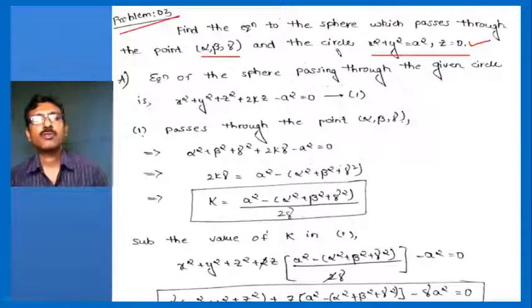So, using the fourth formula, the equation of the sphere passing through the circle formed by the cylinder and plane is x square plus y square plus z square plus 2kz minus a square equal to 0.